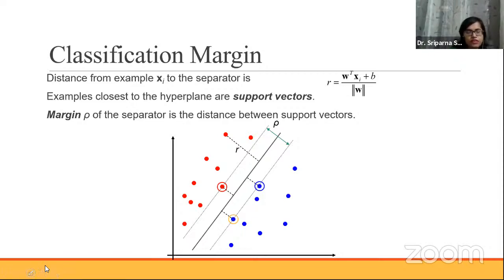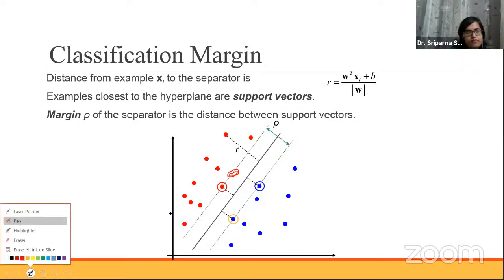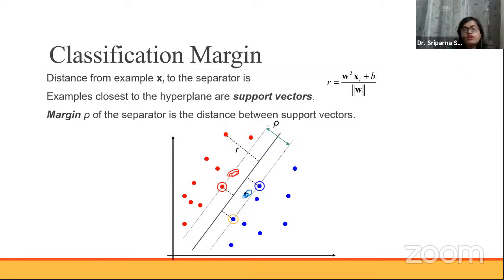Suppose now you have data points over here, or you can again have a data point over here. Now what happens? These 2 points are now closest to the decision boundary, so these 2 points become the support vectors.